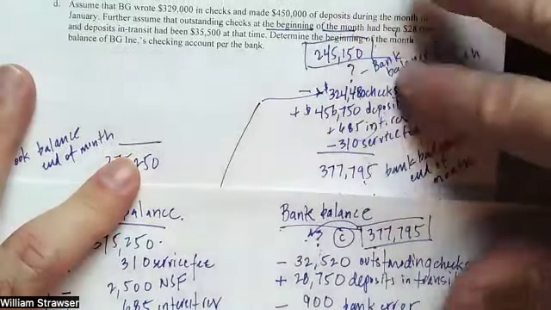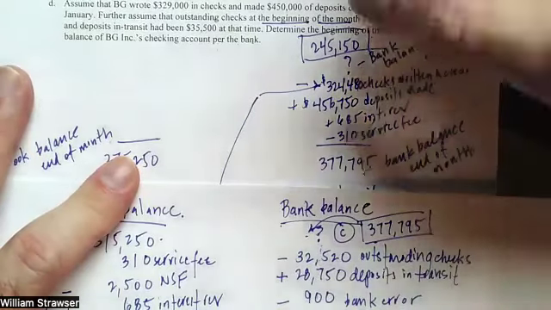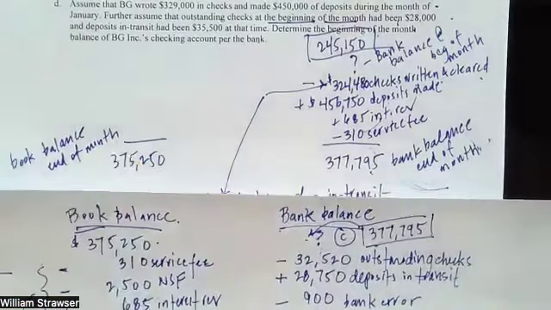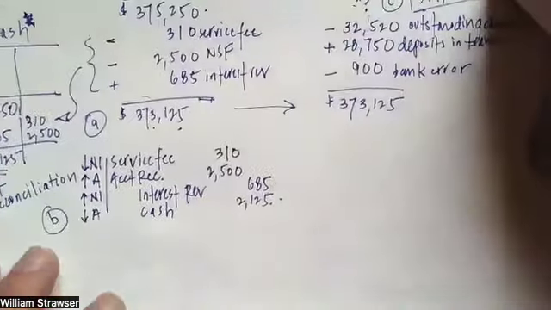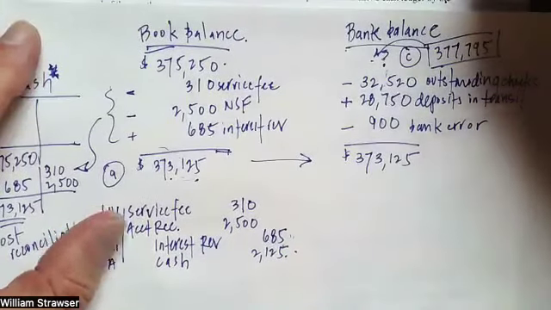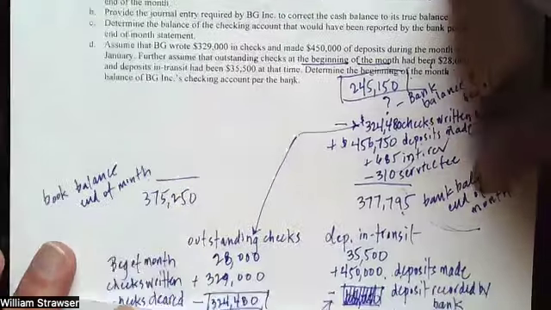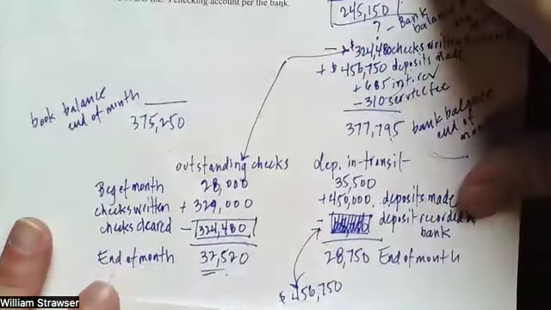So all of those things would have happened during the month to get me all the way back to where my balance started. Okay. So it's a pretty intense problem, but like I said, make sure that you're familiar with this piece before you start trying to really backtrack into, well, what happened during the month and worrying about the evolution of deposits in transit and outstanding checks.